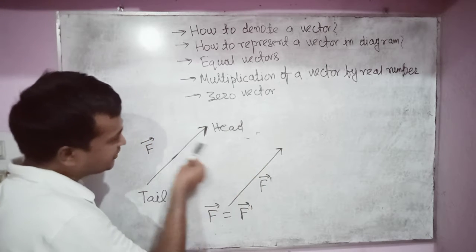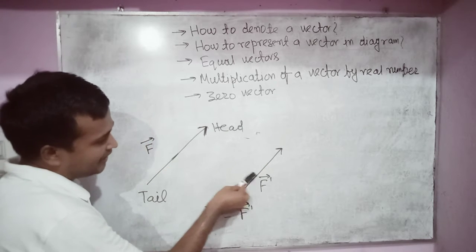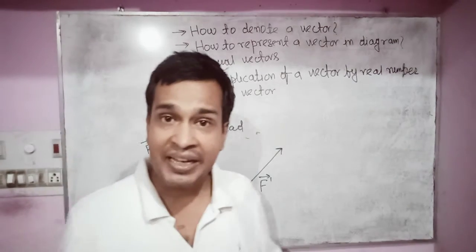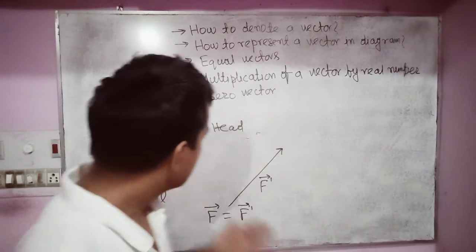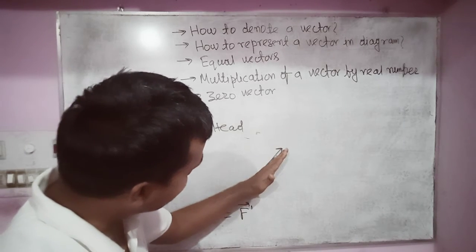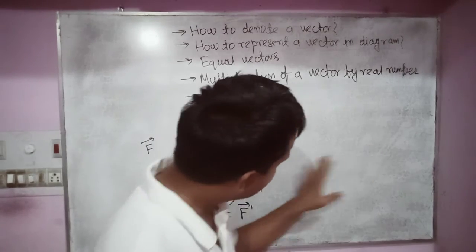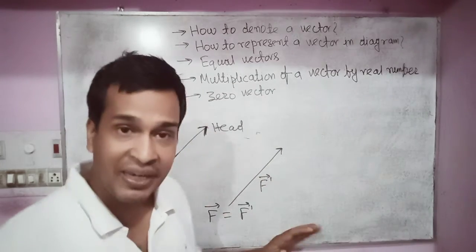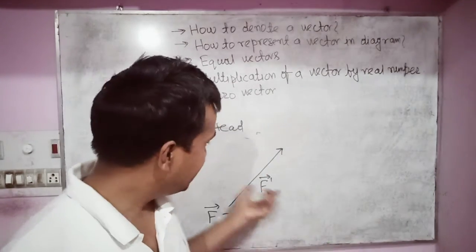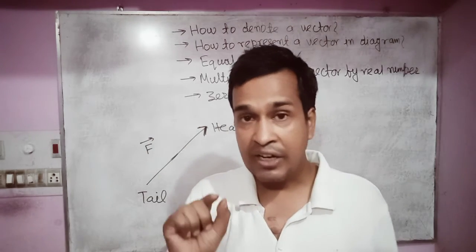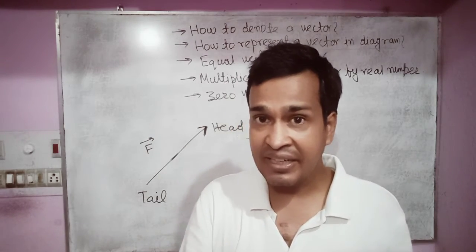This shows that the parallel transformation of a vector does not bring any change in it. If we shift the vector parallel, keeping its direction the same, in any place, it will not bring any change in the vector.